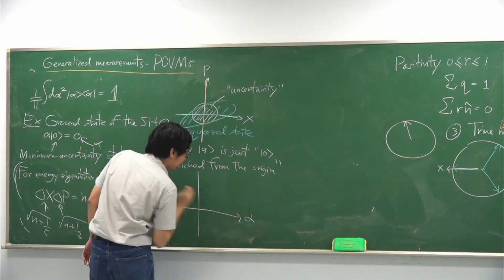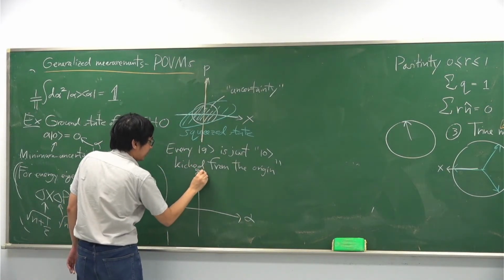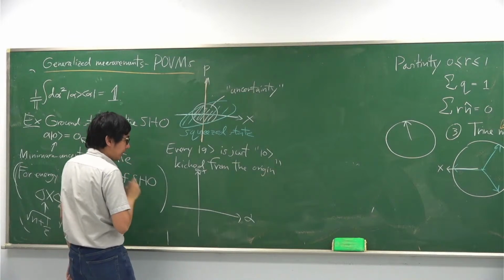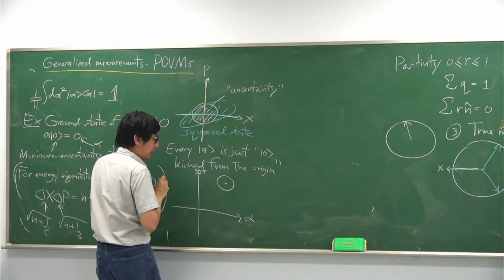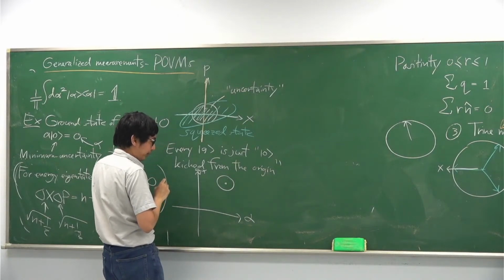For example, if I switch to alpha and alpha star here, a coherent state is specified by the value.